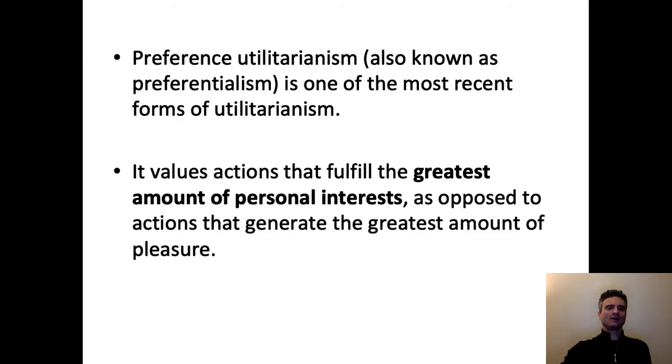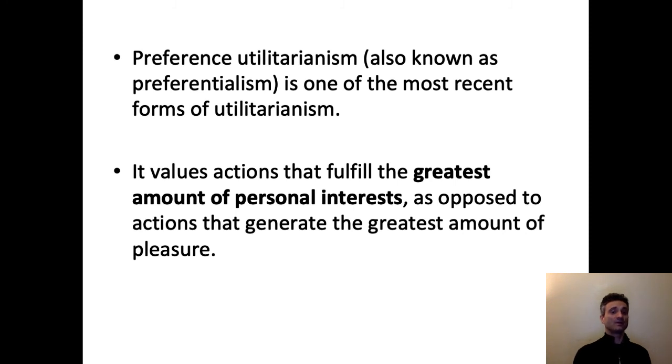Now, another very important and very recent form of utilitarianism is what is known as preference utilitarianism, also known as preferentialism, if you like that word. According to preferentialism, instead of calculating the amount of pleasure and pain, like in the case of Mill and Bentham, you see, Mill corrected some errors.